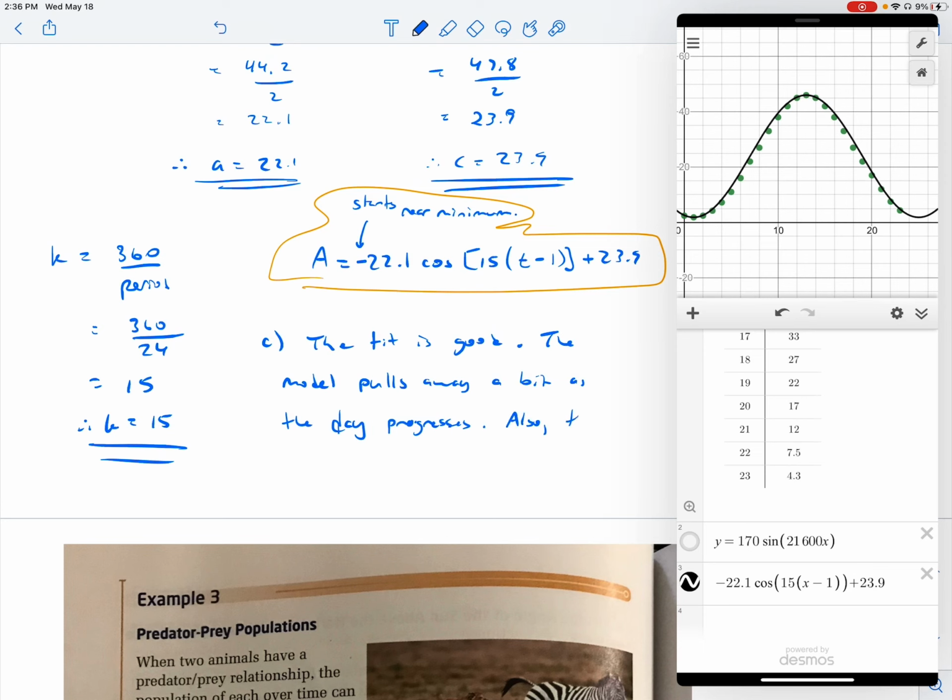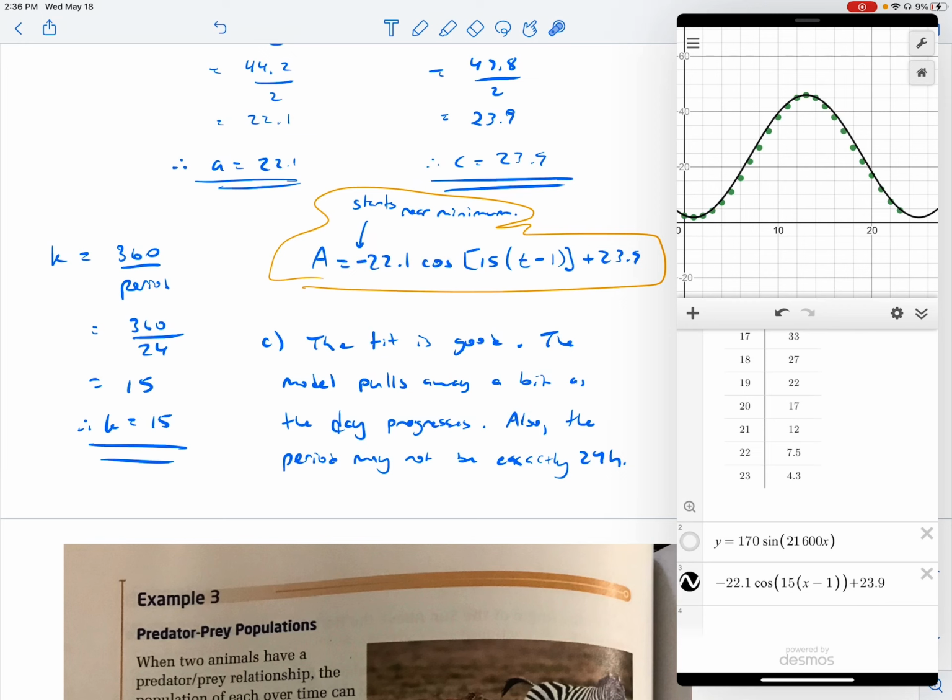Also, the period may not be exactly 24 hours. So you might want to argue with me about that too. You might say, okay, how is the daylight period not 24 hours?